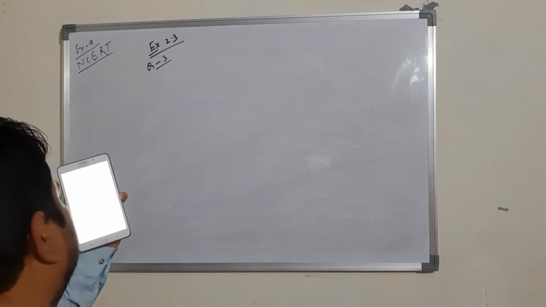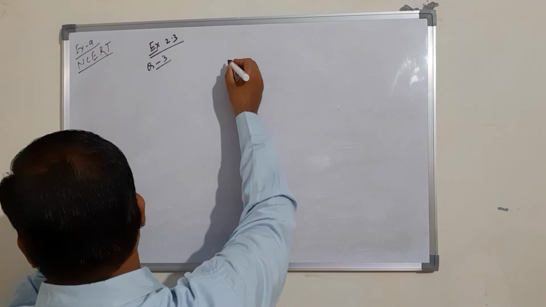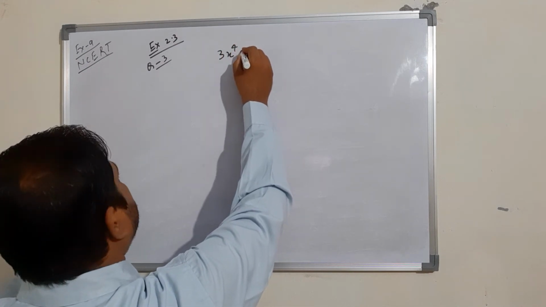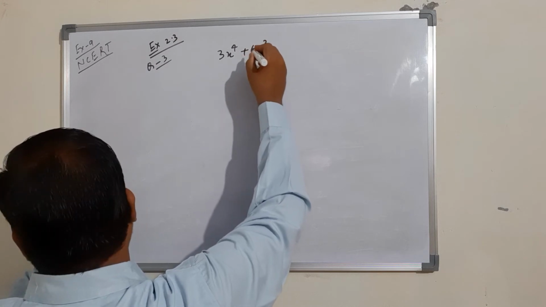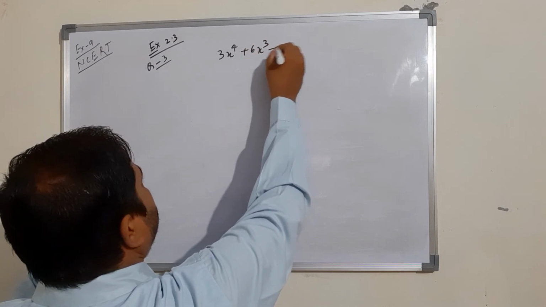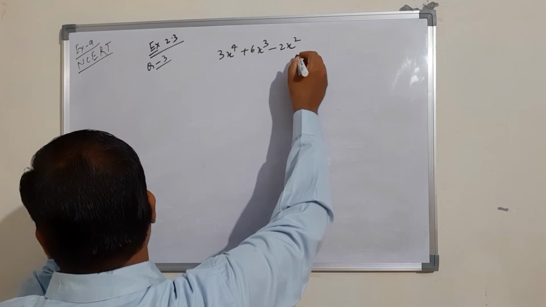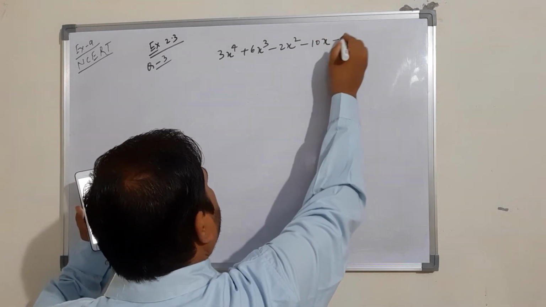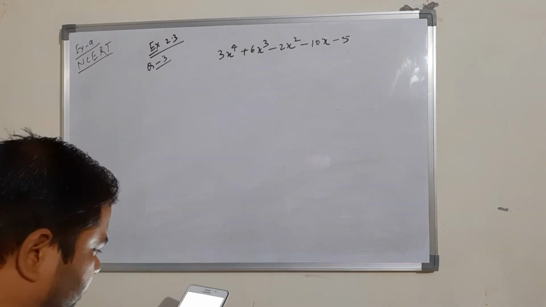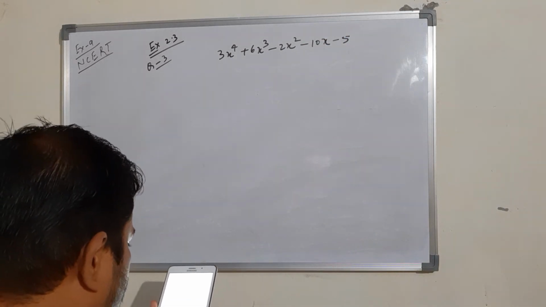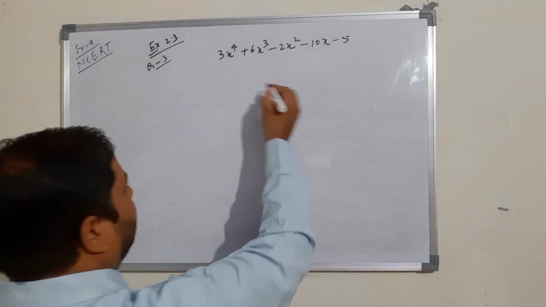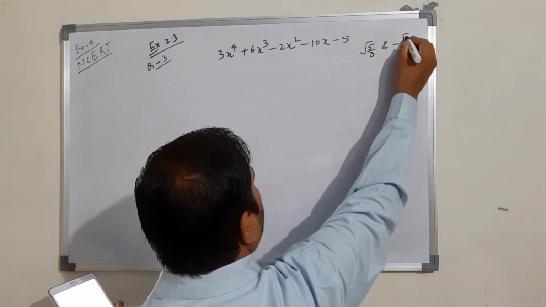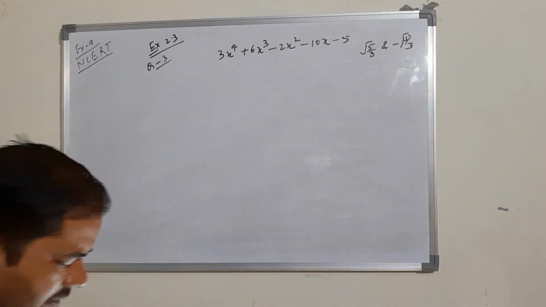Obtain all the zeros of the polynomial 3x to the power 4 plus 6x cube minus 2x square minus 10x minus 5, where two of its zeros, root 5 by 3 and minus root 5 by 3, are given.